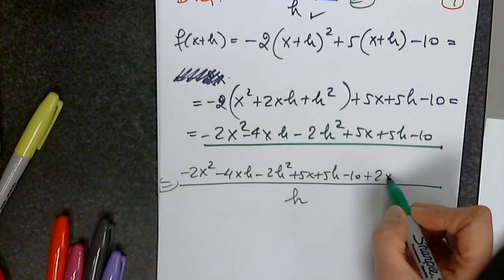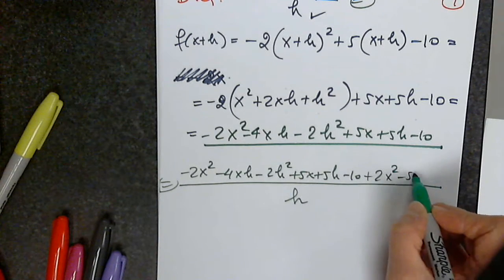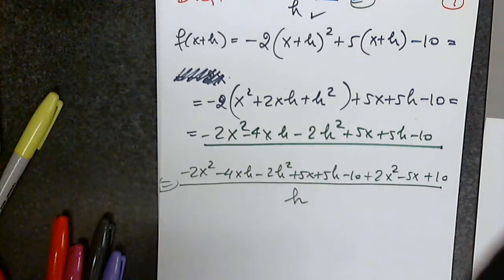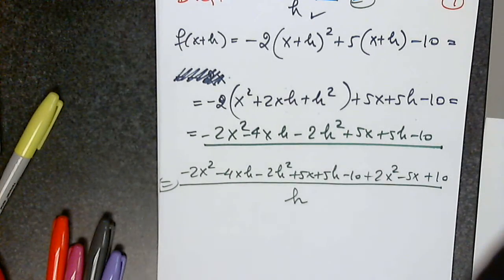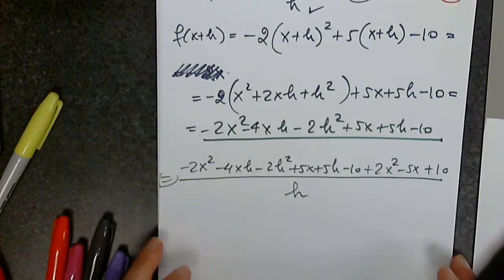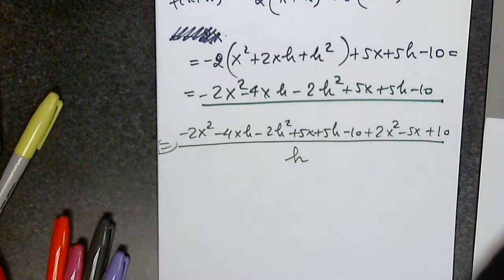So plus 2x squared minus 5x and plus 10. Please write it the way you like it. I'm fine. The reason why I didn't write it again is because it will take me another 3 minutes to write the whole thing. But please write the way you feel the most comfortable with the problem. Okay, what did we say about the difference quotient?